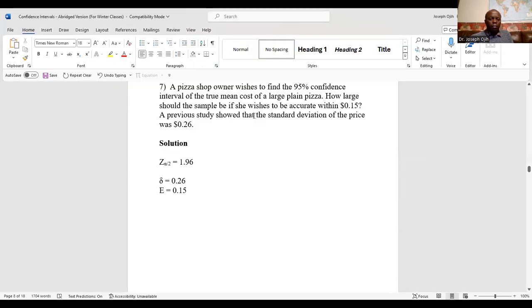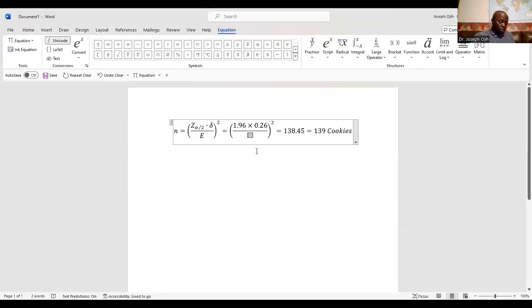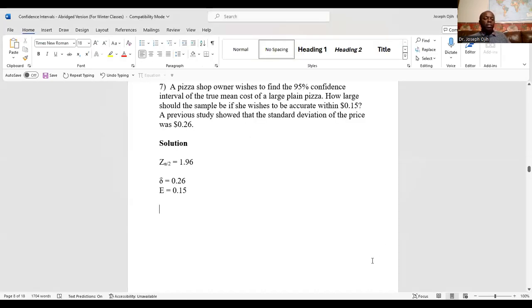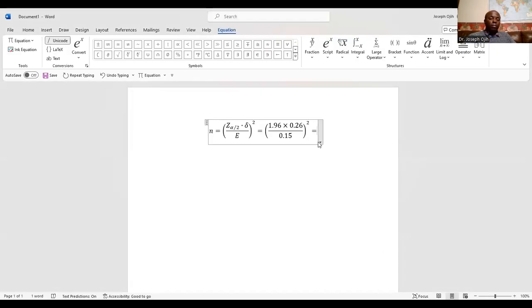How large should the sample be? The error is 15 cents. So I'm going to put that there, 0.15. This one is about the pizza. Okay, how many pizzas do we need? So let's put this in perspective. You have it in the formula. So let's do it. Okay, write it down.